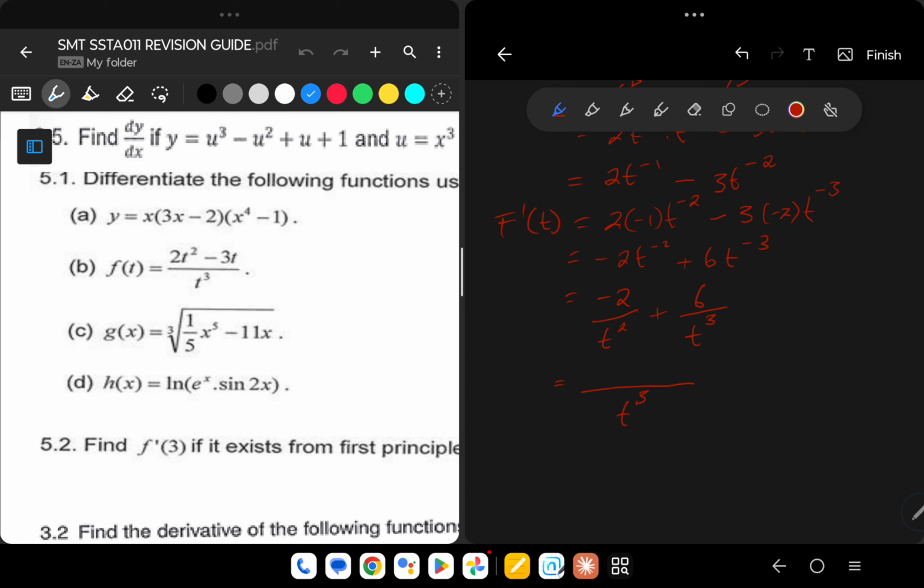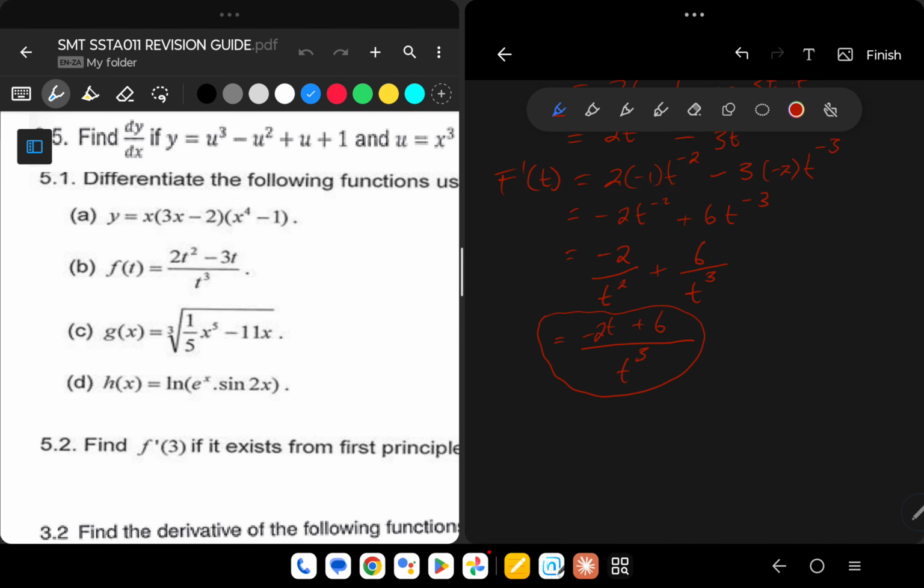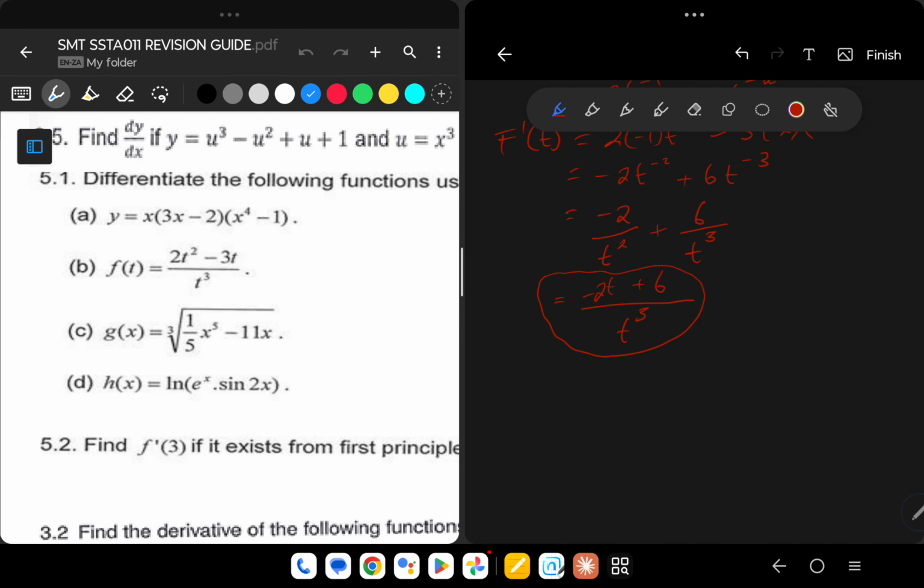So you're going to have above there plus 6 and negative 2t. So how do you arrive at this? To arrive at that, remember we have -2 over t squared plus 6 over t cubed, right?